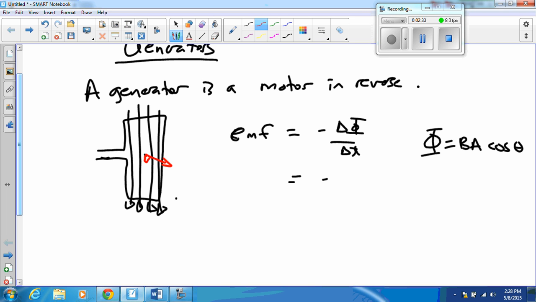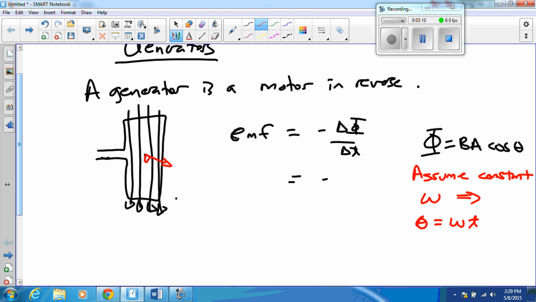Let's assume that we are rotating at a constant rate of speed, a constant angular speed, constant omega. So that I can write that theta, the angle that we have, is going to be equal to omega times time, for any time t. Stop and think about that for a minute, because that's the key part of this reasoning.